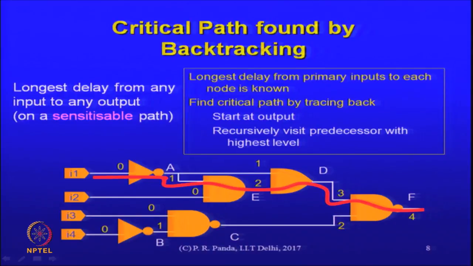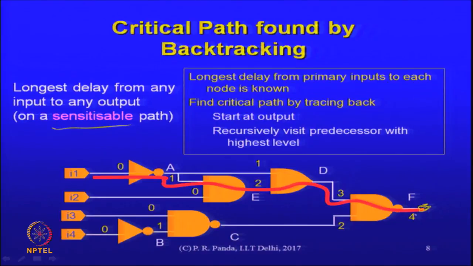So, what is that critical path? It is the longest delay from any input to any output. That is what the longest such path would determine the level anyway. Modulo that path being sensitizable in ways that we will look at later. For now, it is just a structural computation. The path could be easily obtained by just backtracking from the output.